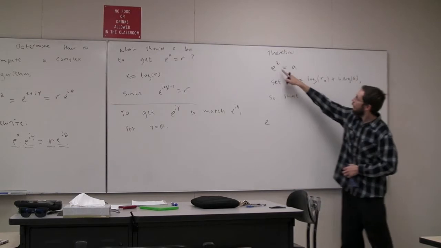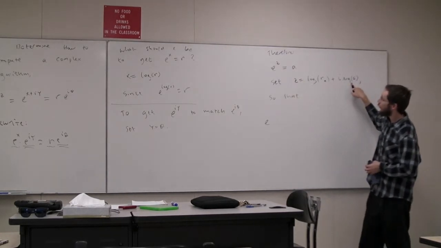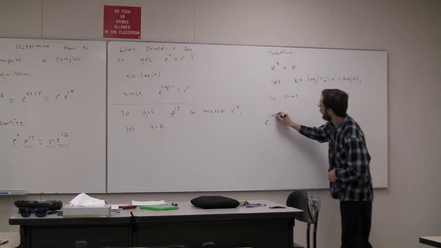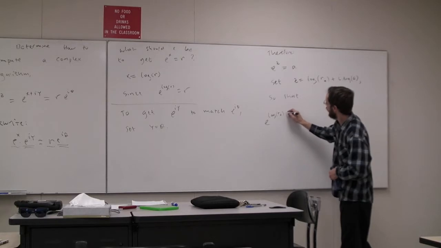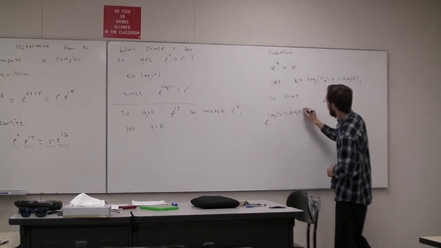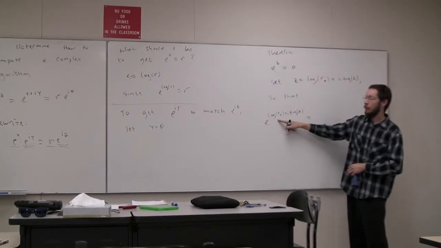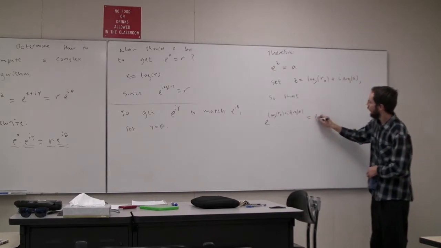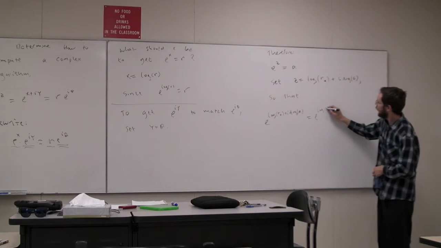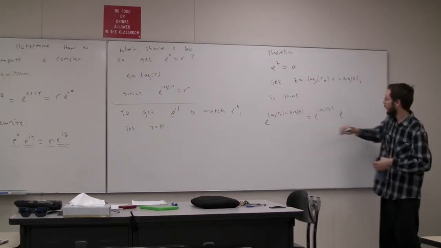Right, if we make z equal to log of the radius of a plus i times the argument of a, then let's raise e to the z. What happens here, we can split this up as e to the log of the radius of a times e to the i times the angle for a.